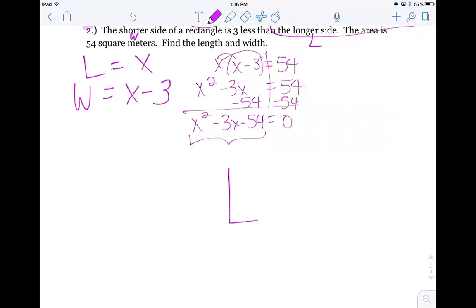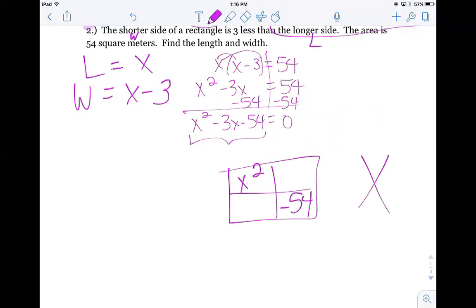So with the rectangle and diamond, we'll have x squared, top left, negative 54, bottom right. Multiply them together to get negative 54x squared. And then the middle term, negative 3x, goes on the bottom. So we need two numbers that multiply to give you negative 54, but add to give you negative 3. And that's going to be negative 9x and positive 6x.